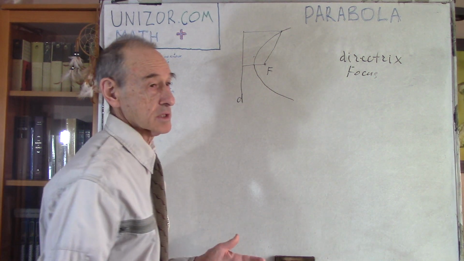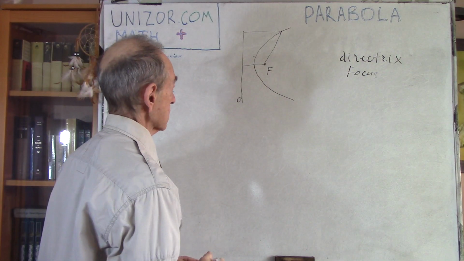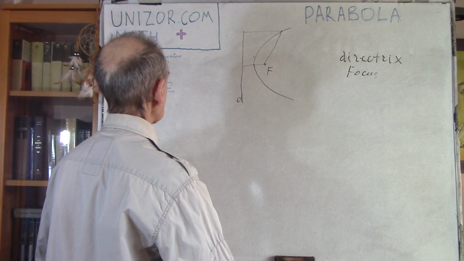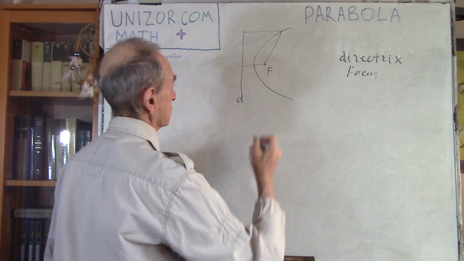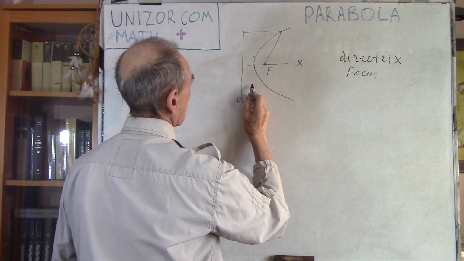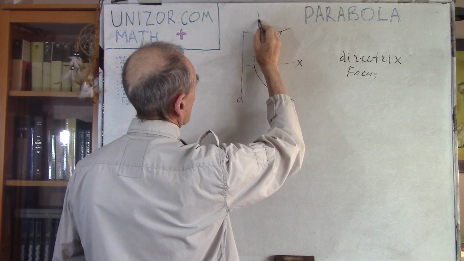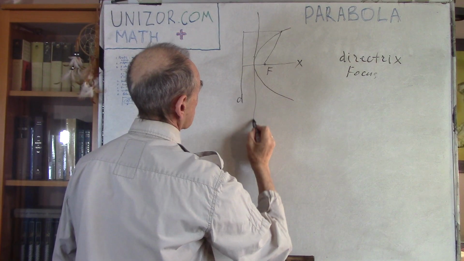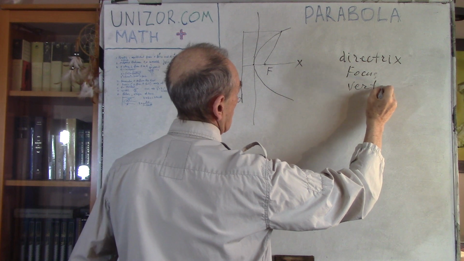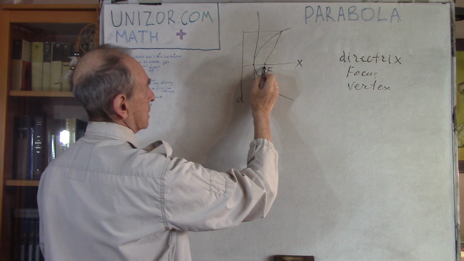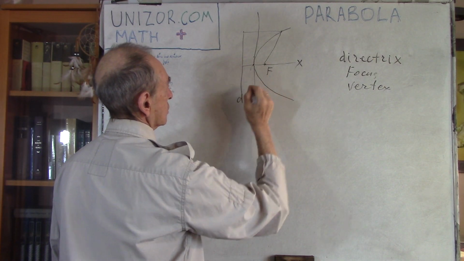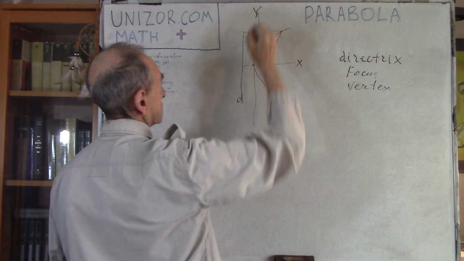Well, for Cartesian coordinates you have to have a coordinate system, and the best way to do it is to have this as an x-axis, and if you draw a line perpendicular to this, or parallel to the directrix, through this midpoint between directrix and focus, which is called the vertex, that would be the origin 0, and that would be the y-axis.